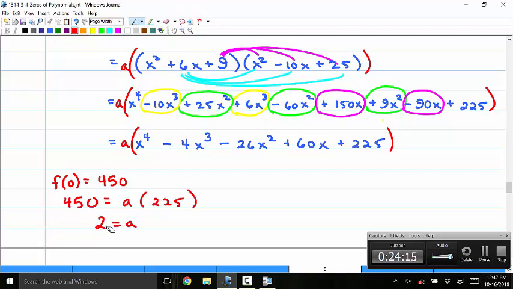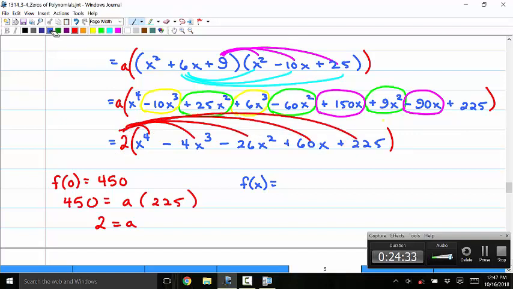So what is your answer? What is your polynomial? If a is 2, so watch this. I change this to a 2, and I need to distribute. What's my answer going to be? 2x to the 4th minus 8x cubed minus 52x squared plus 120x plus 450.